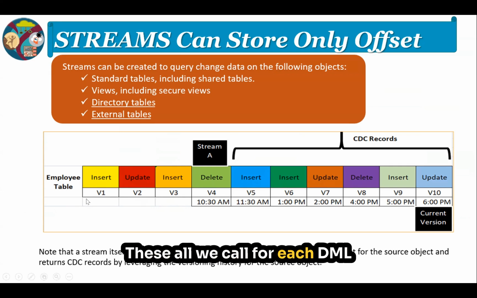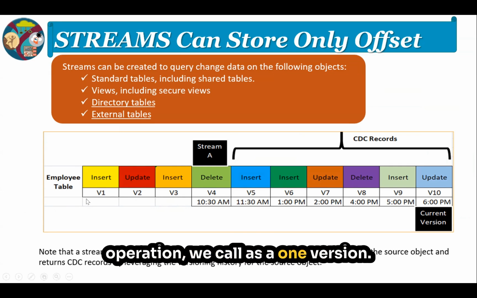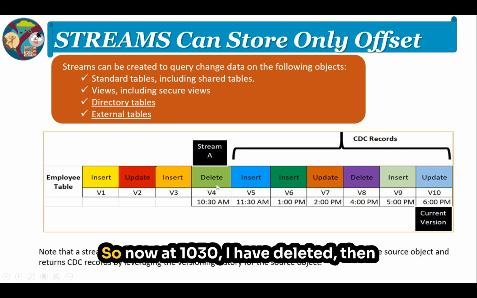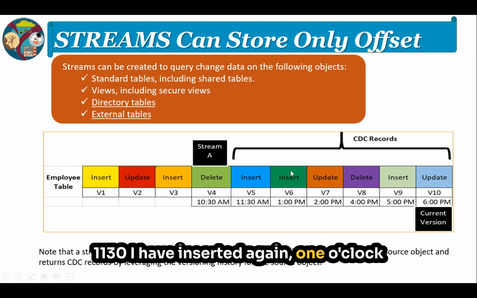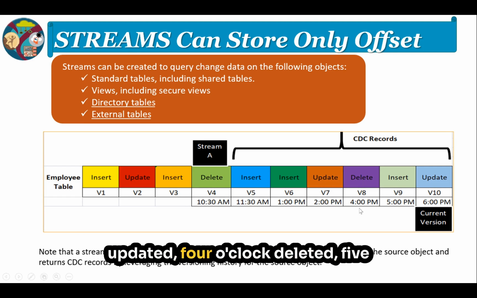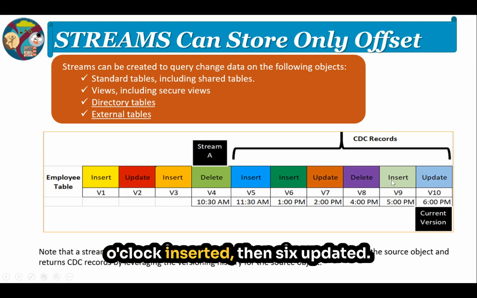For each DML operation, we call it one version. Each DML we call one version. So now at 10:30 I have deleted, then 11:30 I have inserted again, 1 o'clock I have inserted, then 2 o'clock updated, 4 o'clock deleted, 5 o'clock inserted, then 6 updated.